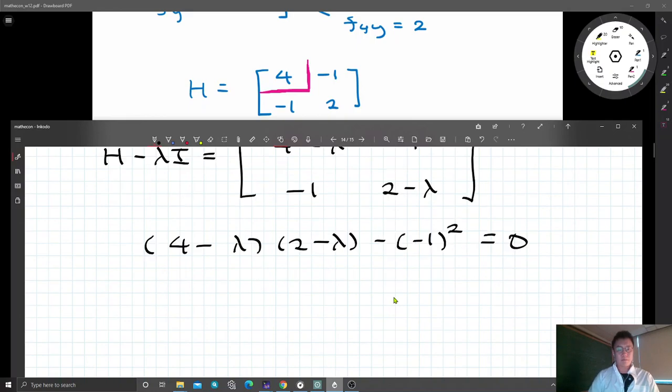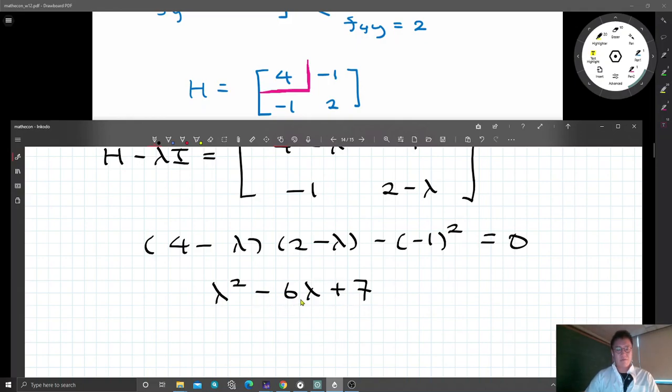Then lambda squared minus 6 lambda plus 7 equals 0.